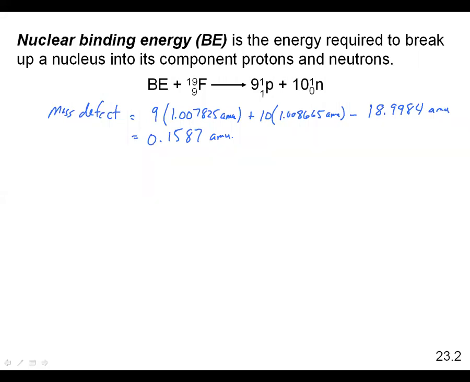And again, there are 2 ways you could do it at this point. I'm just going to show you both ways, and you can choose whichever way you like. One approach would be to use Einstein's equation, which is E equals mc squared, and this would be our mass defect.